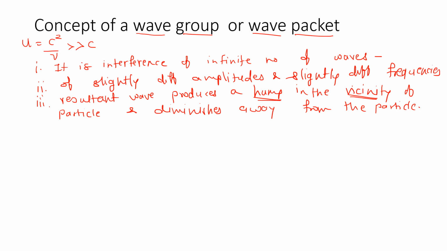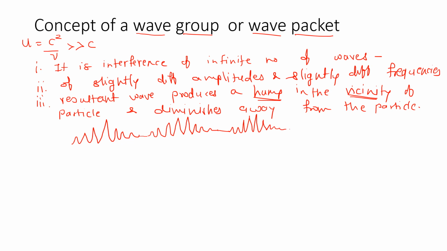So, roughly, let us try to draw a diagram. Let us consider the interference of a few waves. It will be like this. This is the interference of a few waves.